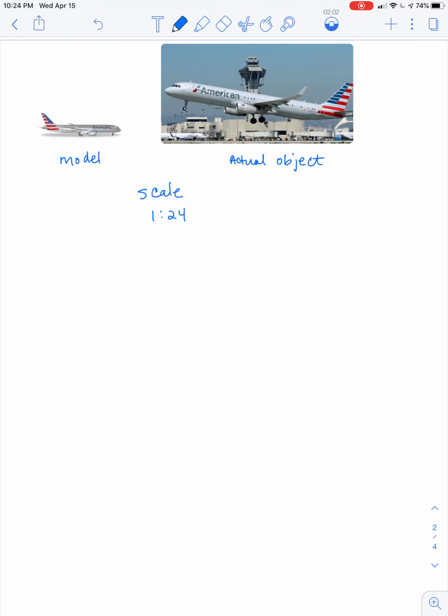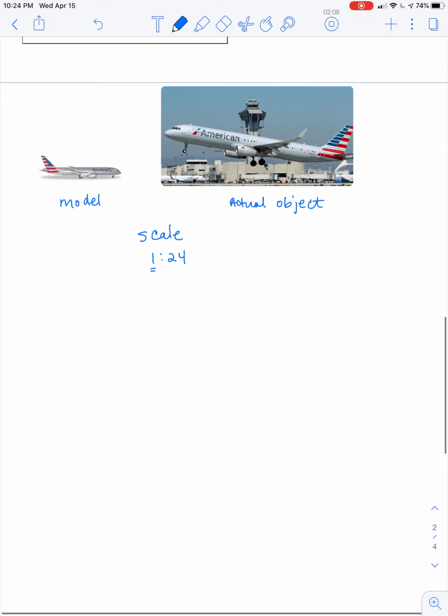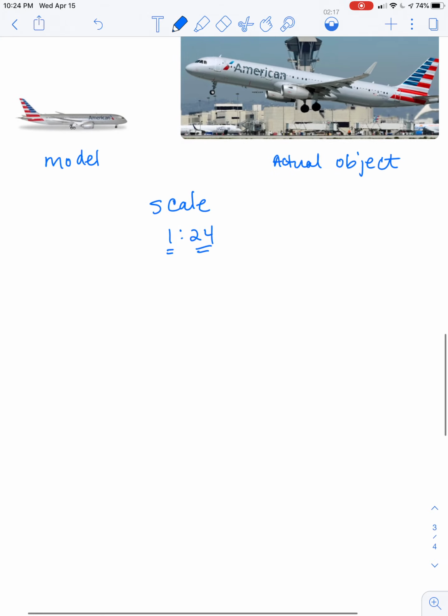What that means is that my model is 1 in my ratio, and my actual object, the American Airlines plane on the right, is 24 times bigger than my model airplane. We are also told that the wingspan, from tip to tip, is 18 inches on my model plane.